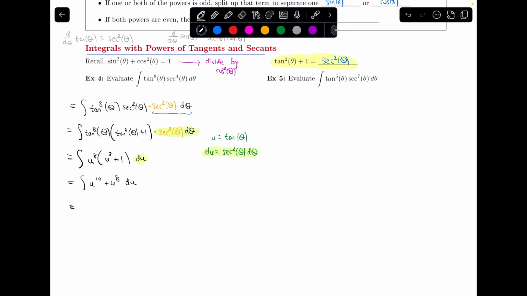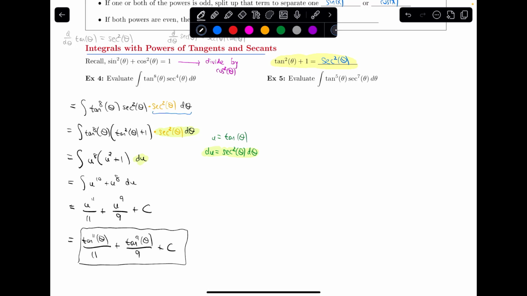So add 1 to the power to get u to the 11, and then divide by that power, 11. Same thing for the next term. I get u to the 9 over 9, and then I put my plus c. Now I have to plug back in for what u was. So that'll give me tangent to the 11th all over 11 plus tangent to the 9th all over 9. And then I got my plus c. And there we have it. There we have our antiderivative.